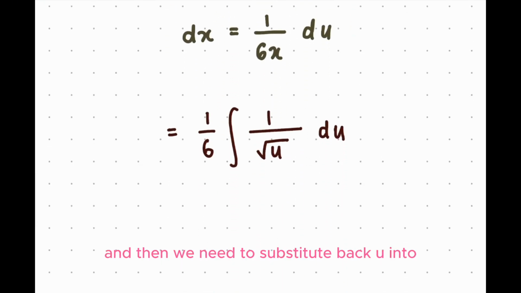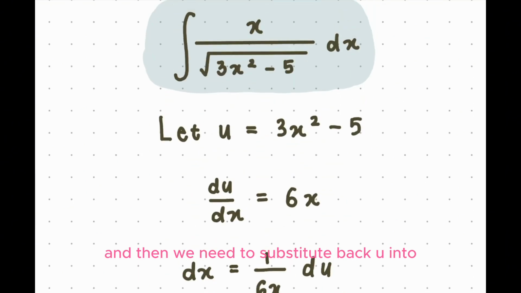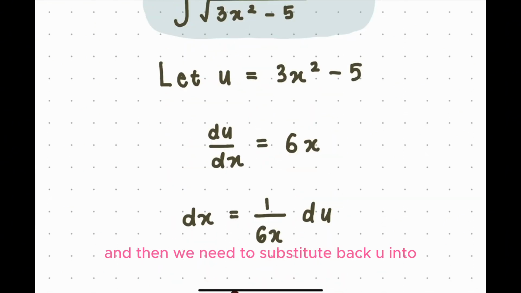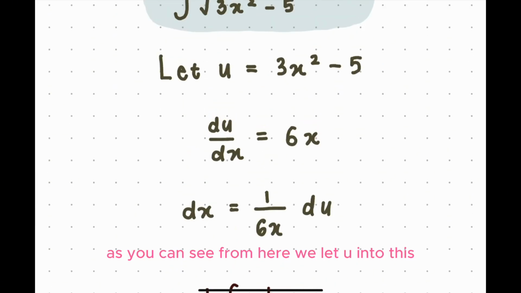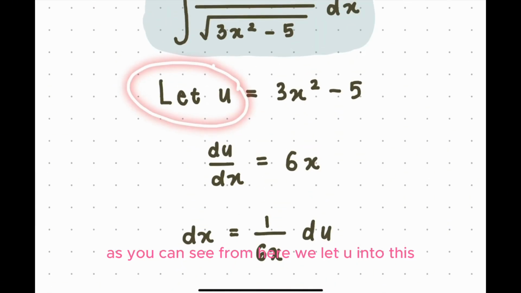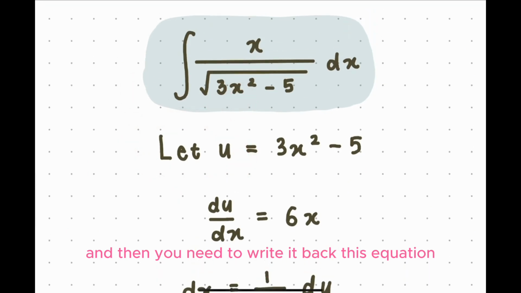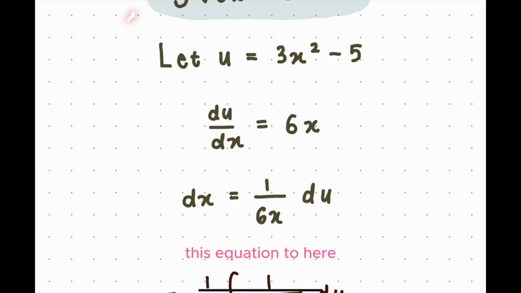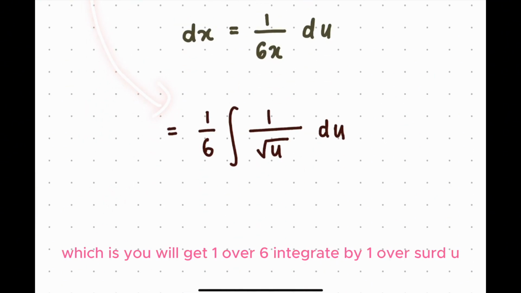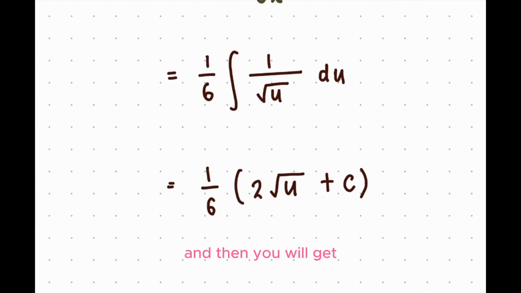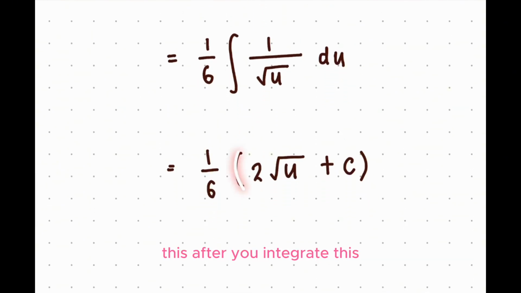Then we need to substitute u back, as you can see from here, we let u be this, and write the equation back to here. You will get 1 over 6 integrate 1 over sec u, and you get this after you integrate.